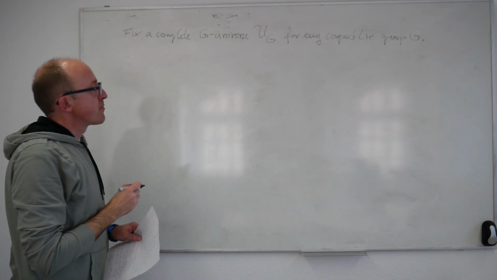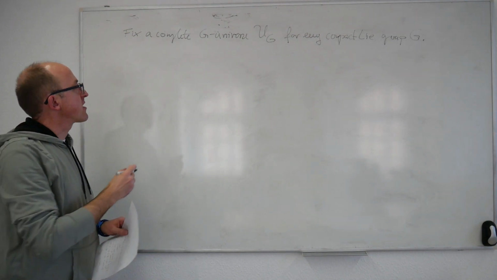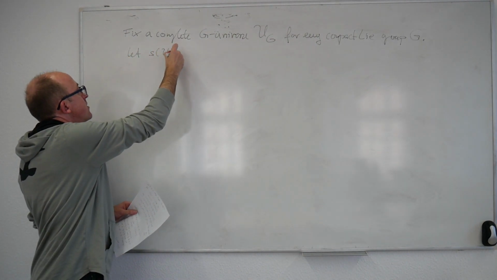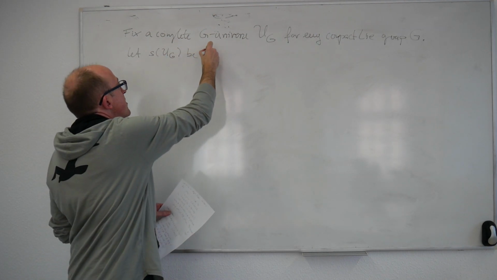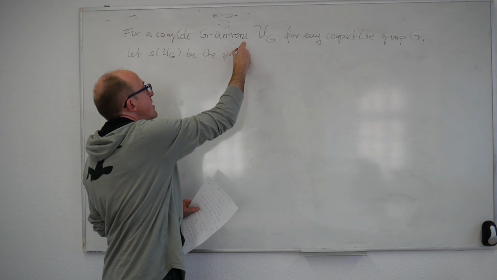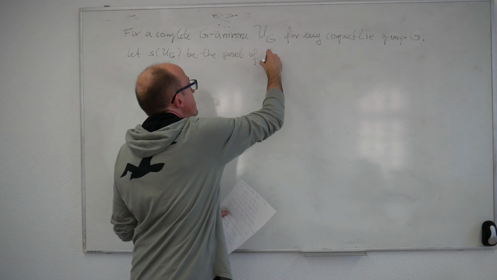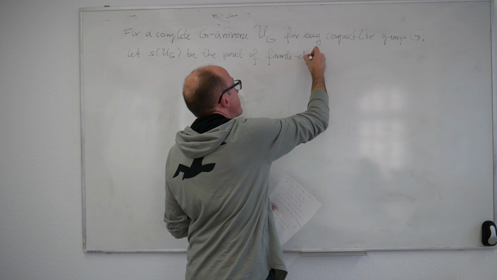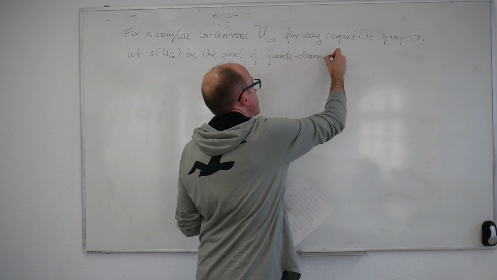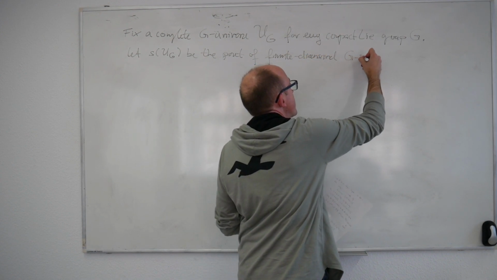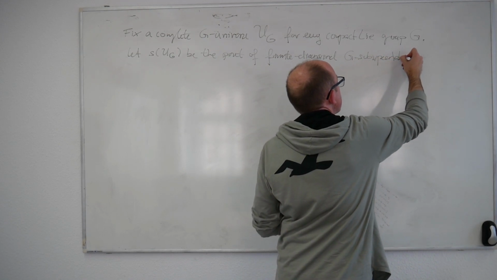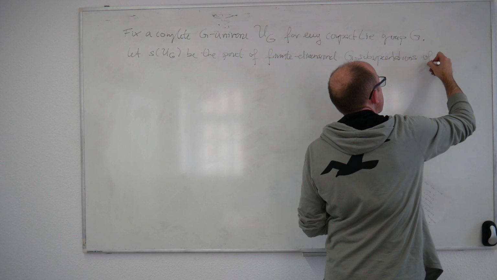Now I'll introduce a poset that eventually we're going to take a functor over. Let S of UG be the poset, under inclusion, of finite dimensional G subrepresentations of our chosen complete universe.